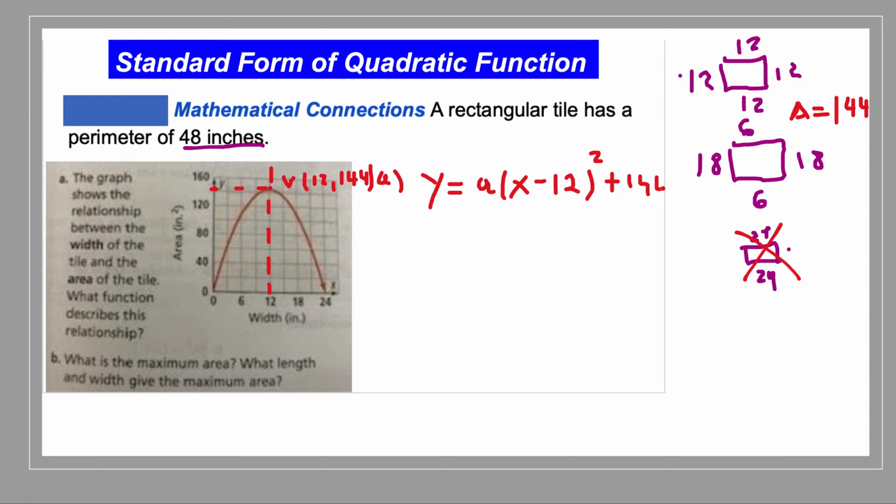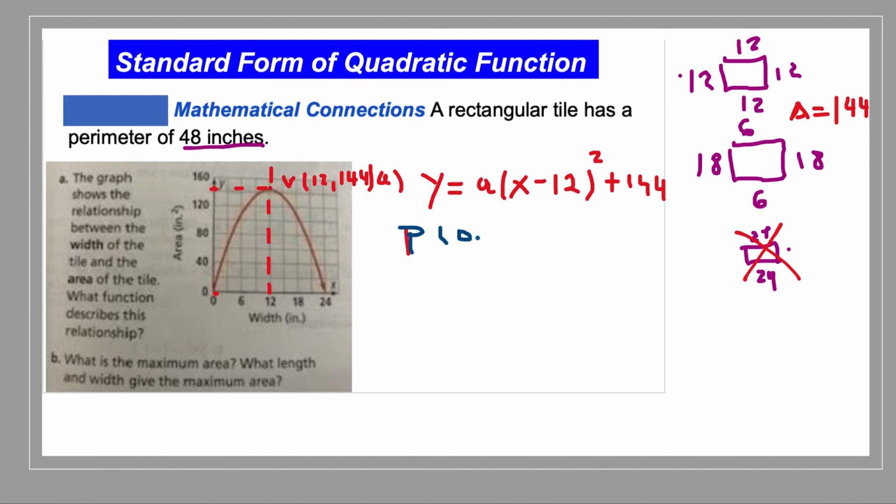How can we find the factor a now? I know this is 0, 0. Let me erase this because it doesn't write well, and let me write with a different color. Let's say the point P is 0, 0.